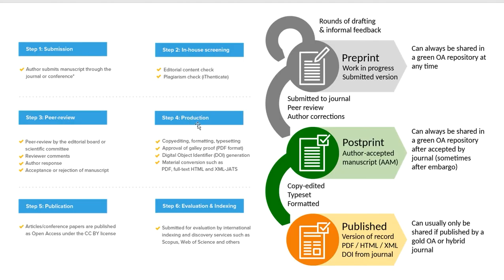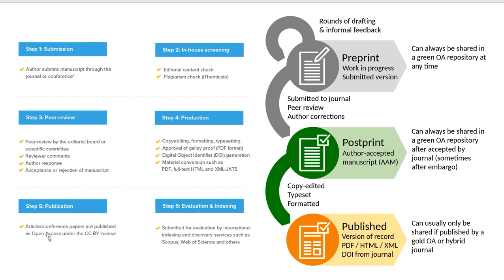Then the production stage: copy editing, e-proofing, formatting, typesetting, approval by galley, PDF format, and DOI generation, the document object identifier. Material conversion includes PDF, full text HTML, and RSS feeding, and API integration is also done in this stage.